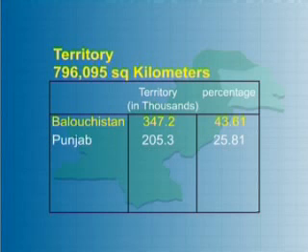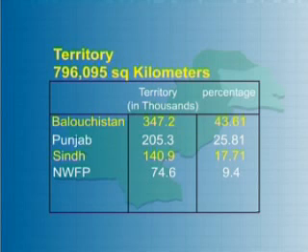Punjab is number 2 with 205.3 thousand square kilometers, and this makes 25.81% of Pakistan's territory. Sindh has the territory of 140.9 thousand square kilometers, and this is 17.71% of the total Pakistani territory.